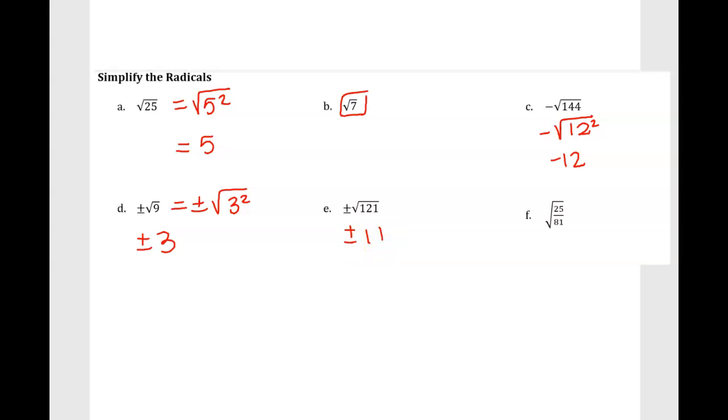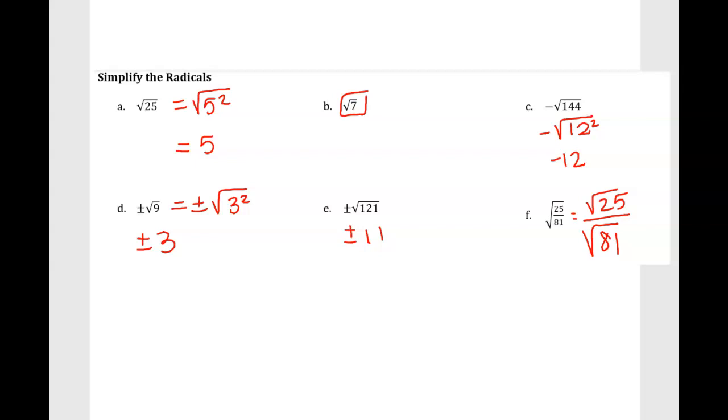The rule for division is that you can think of them as separate problems. So you can think of this as the square root of 25 over the square root of 81. So then you look at them as individuals and you say, oh, well, 25 is a perfect square, so I can simplify that. 81 is a perfect square, so I can simplify that.